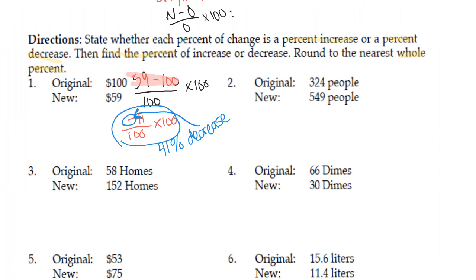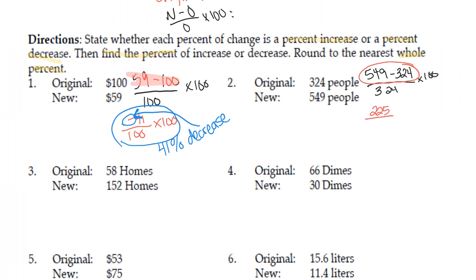So let's do one more. New minus old over old. New is 549 minus the old, divided by the old, times 100. Let's start with what's 549 minus 324. That is 225.